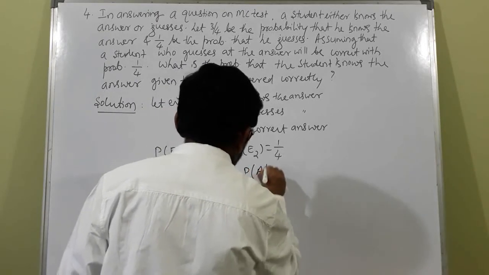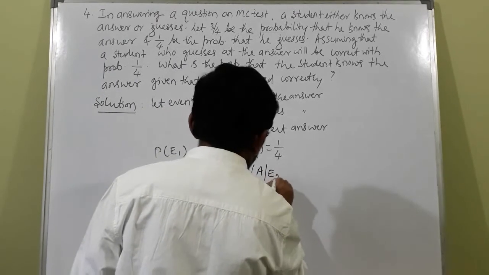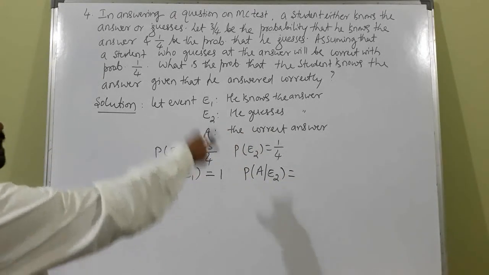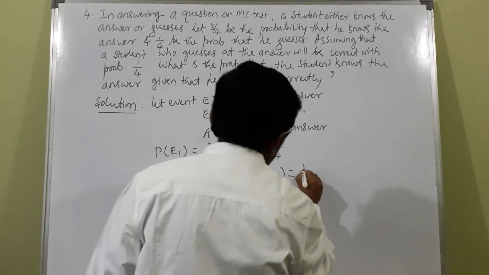Probability of A given E2, he answered correctly by guessing, is 1 by 4.